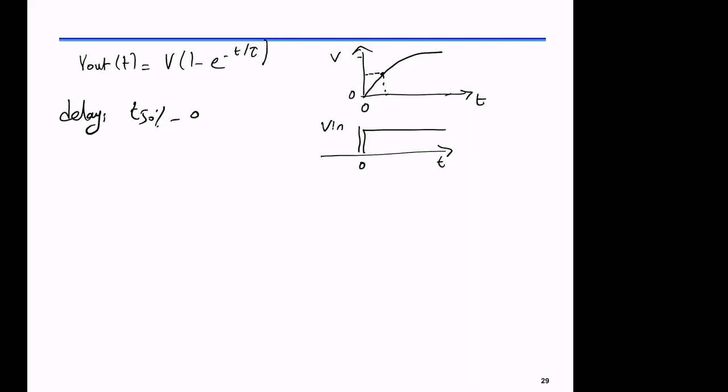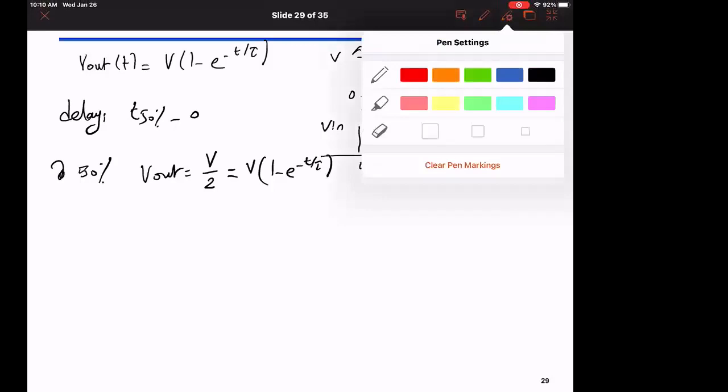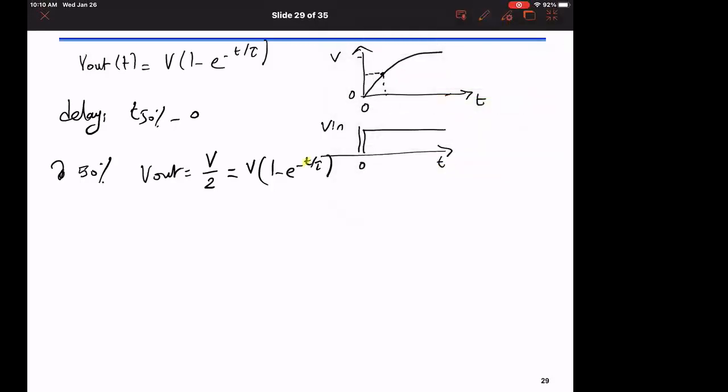So at 50%, V out will be equal to V over 2, which equals V times (1 minus e to the minus t over tau). I will take this equation and solve for t. Doing the math, half equals 1 minus e to the minus t over tau.